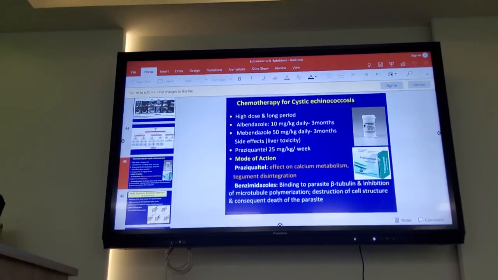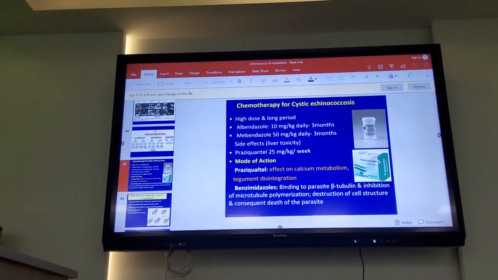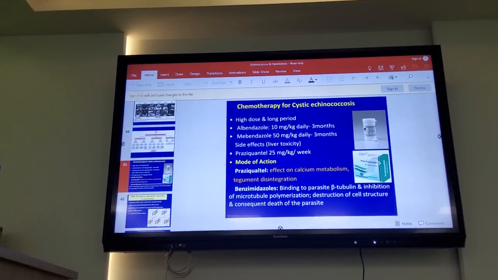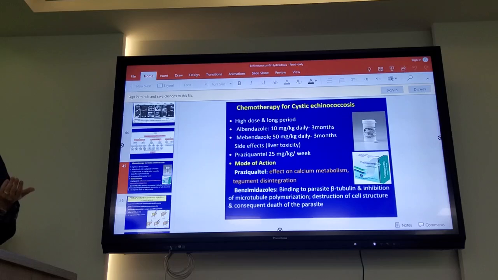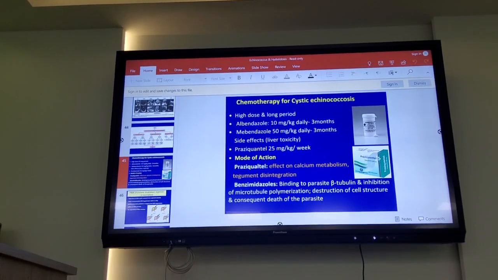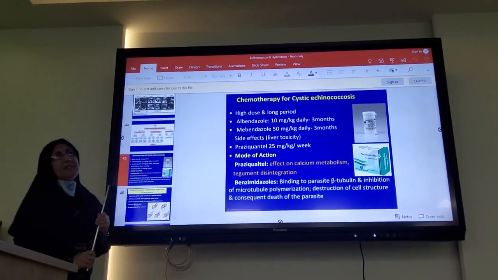Praziquantel is an anti-helminthic drug for all the tapeworms and flukes except one, Fasciola hepatica, which I'm going to talk about in the third session. So praziquantel, remember, is one of the most important anti-helminthic drugs.